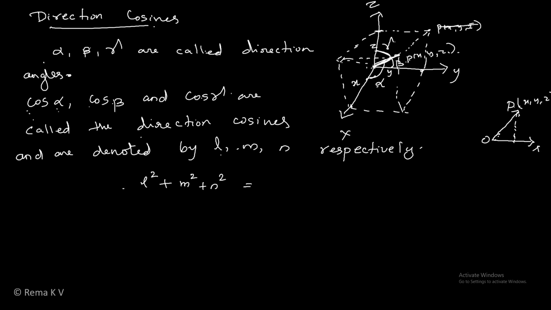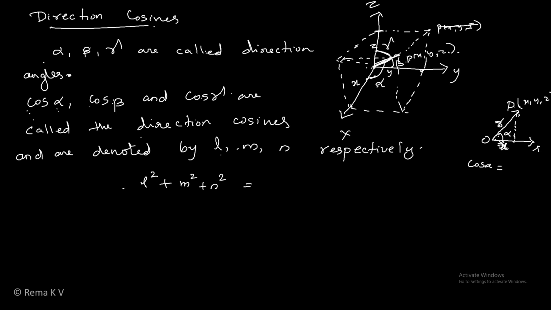OP makes an angle alpha with the x-axis, and you know that this length is x and OP is R. The magnitude of OP is R. So what about cos alpha?